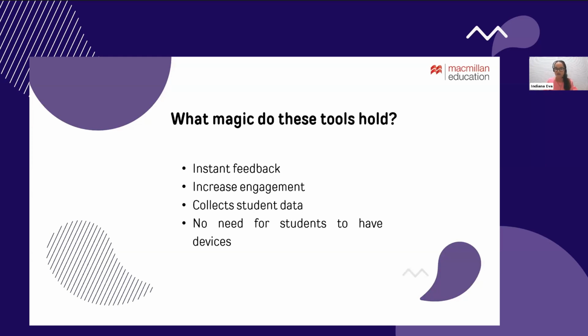And also, as I was saying before, there's no need for students to have devices. It is nice for students to maybe play a Kahoot at some point in the class, but a lot of the time this way is a form of controlled formative assessment, as opposed to a Kahoot where we don't really know where that data goes and we can't really use it to gauge how they're doing.